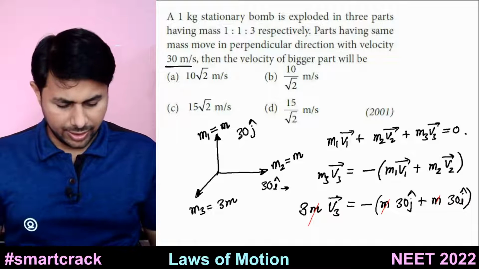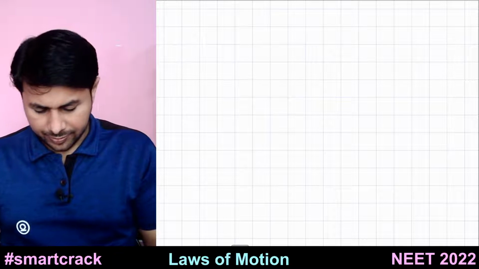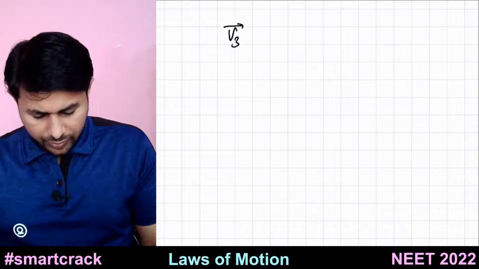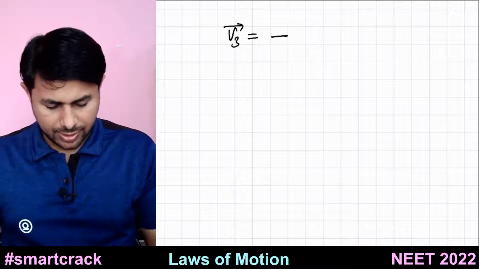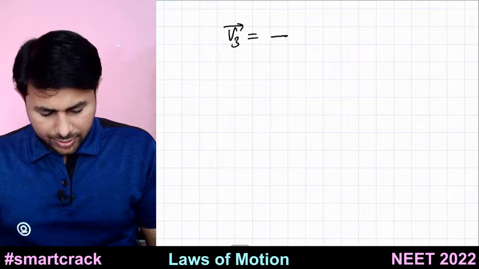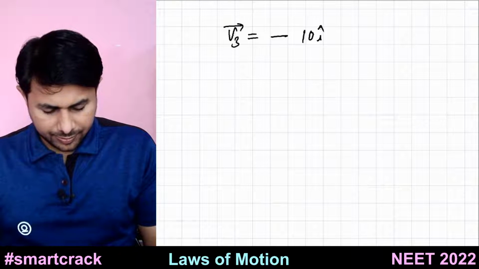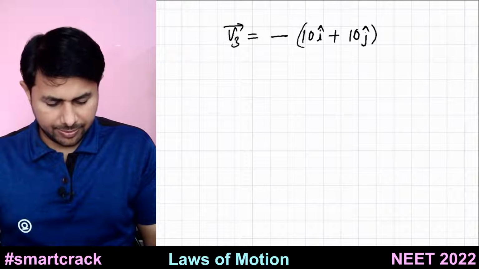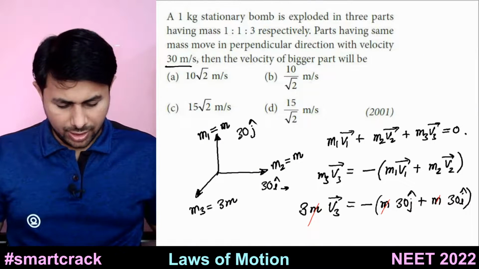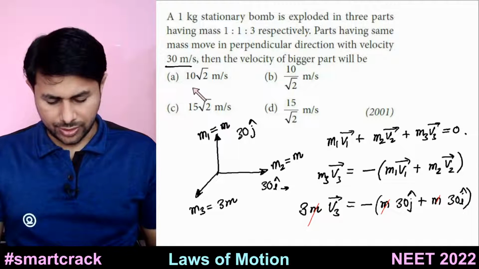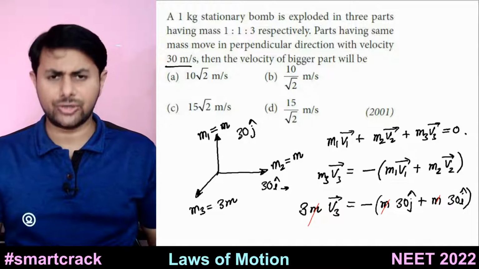So v3 bar will be equal to minus of, if we divide 30 by 3 it will be 10, so 10 i cap plus 10 j cap, and we wanted its magnitude only. Okay, so this should be 10 root 2.